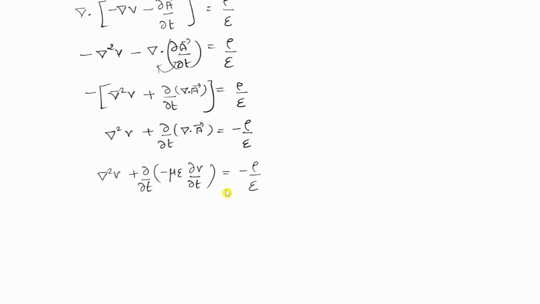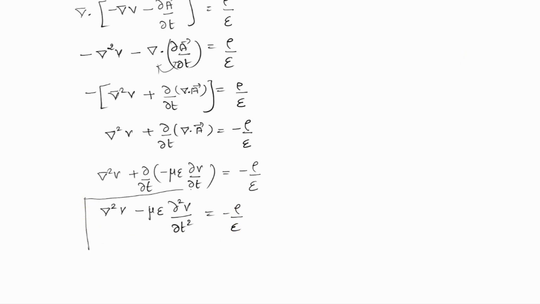Again, if we make some rearrangement, del square V minus, we can bring the mu epsilon term outside the bracket, and we have two dou by dou T terms, so it becomes dou square V by dou T square, that is equal to minus rho by epsilon.